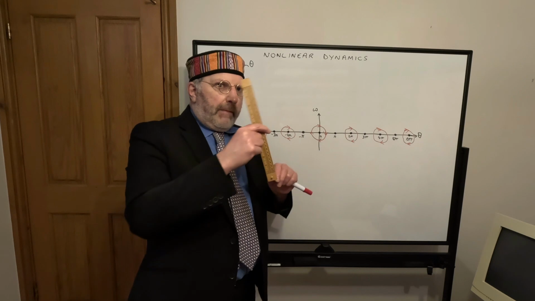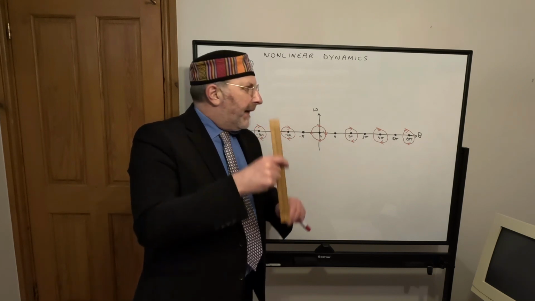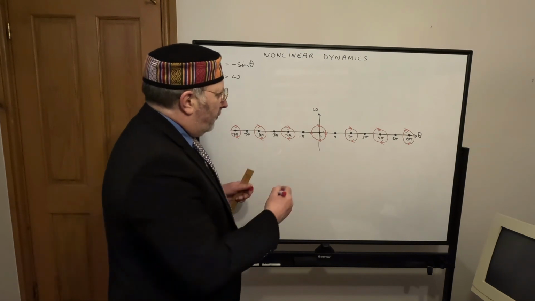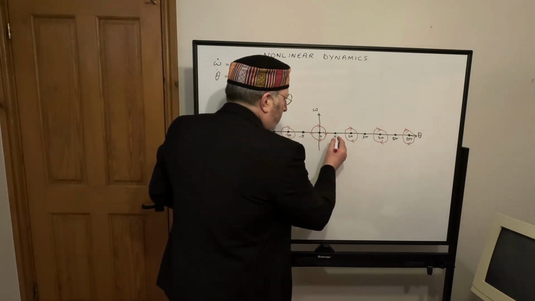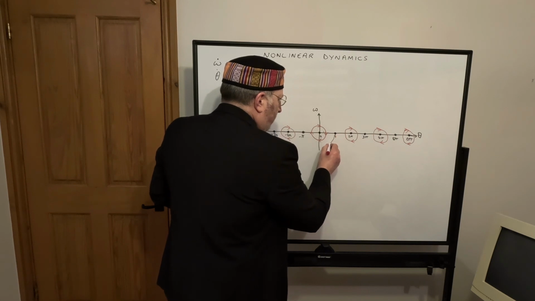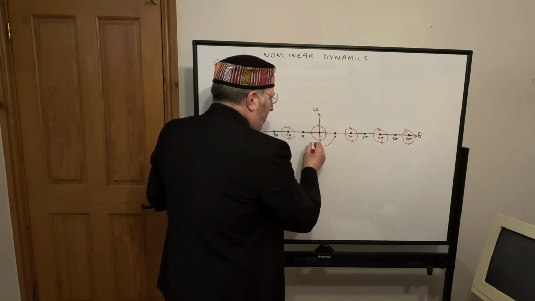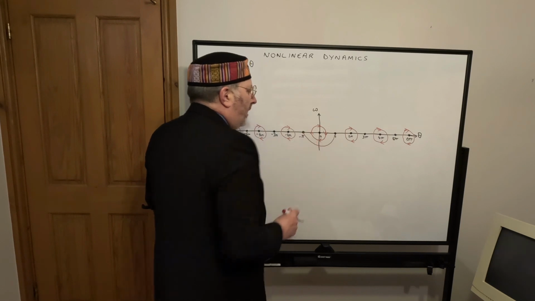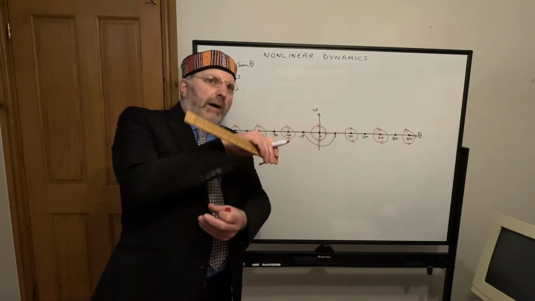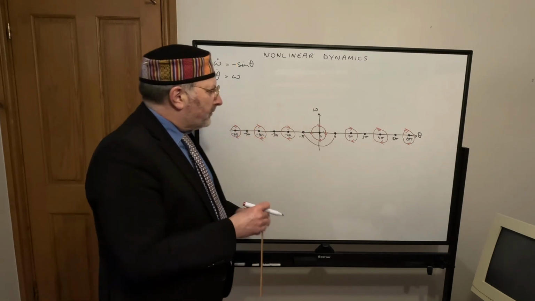As it's losing momentum all the way around, it will just get back to the top, which is where it has the same energy. So drawing that on this diagram, the angle will be decreasing, omega is negative, and it goes round here and it ends up at 180 degrees minus, or pi in the opposite direction.